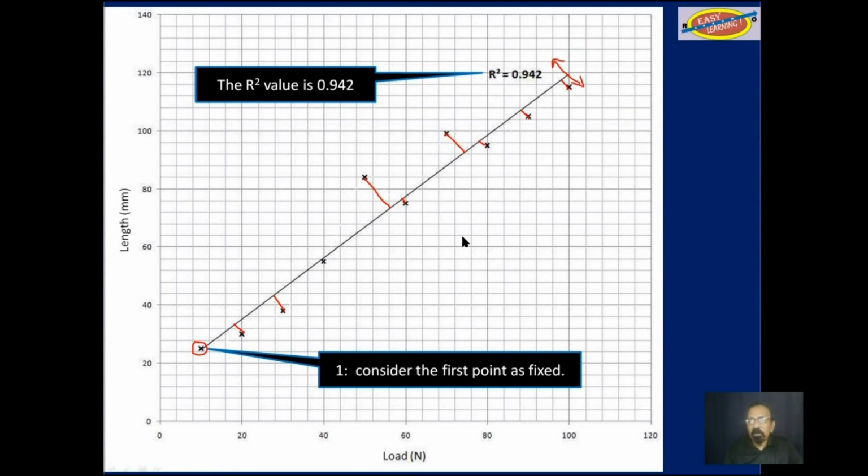And that will give you a fairly good line of best fit. And this one here was computer generated. So we know that is correct, that the R squared value is 0.942. So that's one thing you can do if you don't have a fixed point like 0, 0.